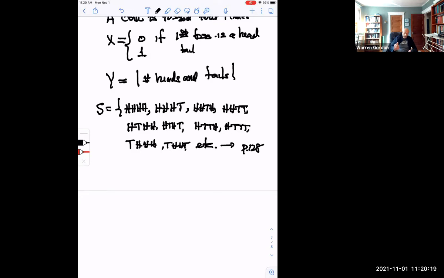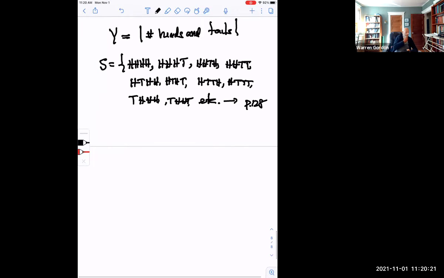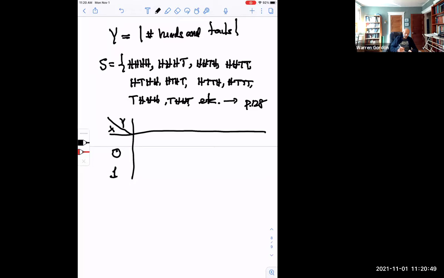So what could happen in this problem is X is whether the first toss is a head, and Y is the difference between the number of heads and the number of tails. I get a head or a tail on my first shot, and I'll show you how I get all these numbers in a moment.